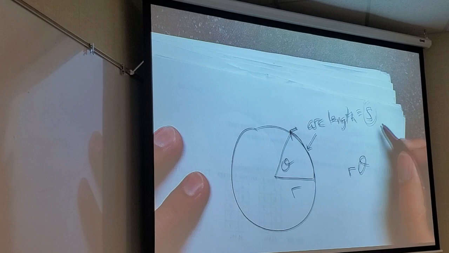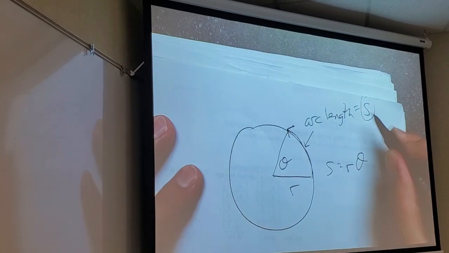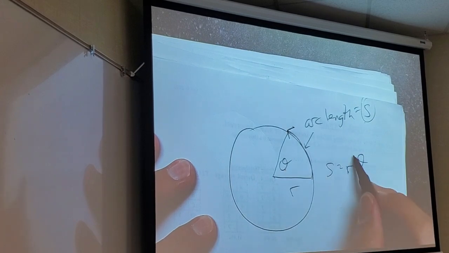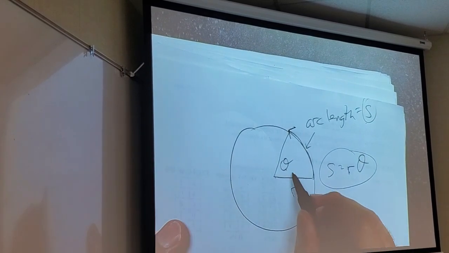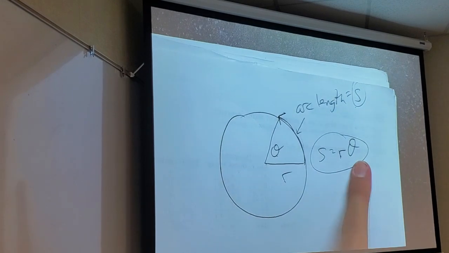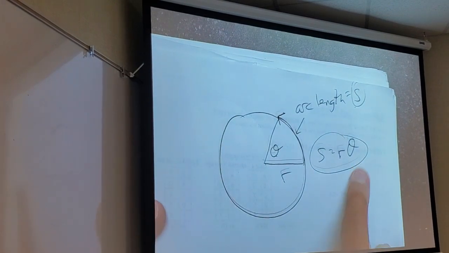This is a whole different thing. So if I want to know the arc length around a circle and I know the angle I go through, I just have to do this. Now listen, if this was degrees, I could not do this. Why were we able to do it?